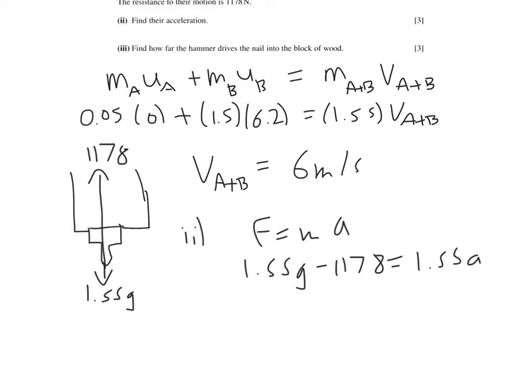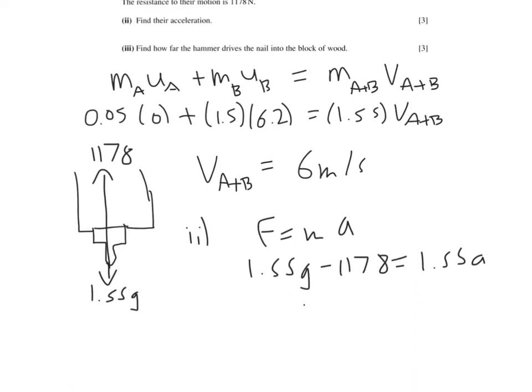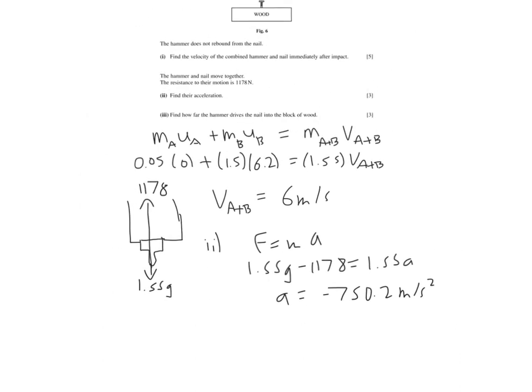Now you'll notice that gives you a negative number, because it's decelerating. When you divide it by 1.55, you get that the acceleration is minus 750.2 meters per second squared. Basically, it's going from 6 meters per second to 0 meters per second really quickly.